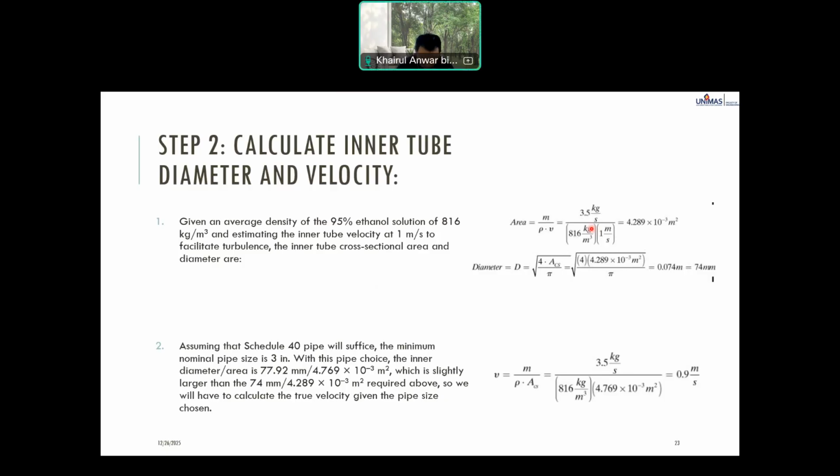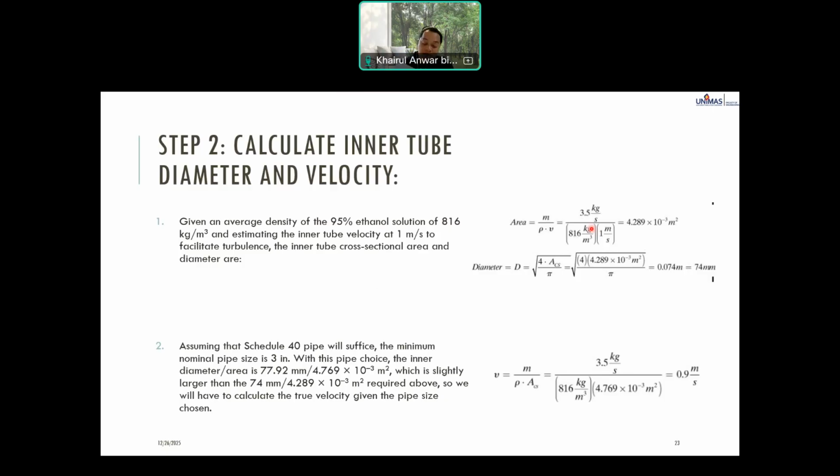With this pipe choice, the inner diameter is 77.92 millimeter, with cross section 4.769 times 10 to the power negative 3 meter square, which is slightly larger than 34 mm required above. So we will have to calculate the velocity given the pipe size chosen.